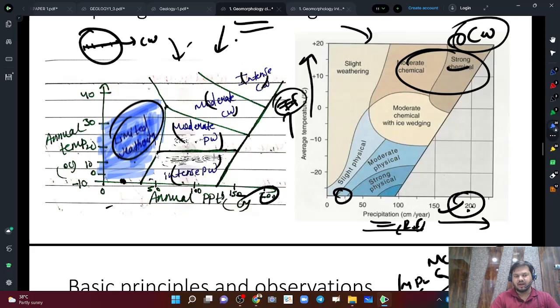Yes, because at these places temperature is very low, so everything is frozen, right? And there is no water basically. Temperatures are also very cold, so there is no agent. There is no major agent of weathering, right? Glaciers do weathering, but they are very slow. Even wind does a lot of weathering, but it is relatively slow. Water is the most dominant weathering agent. So there is no water, everything is frozen. That is why there is no weathering here, right?